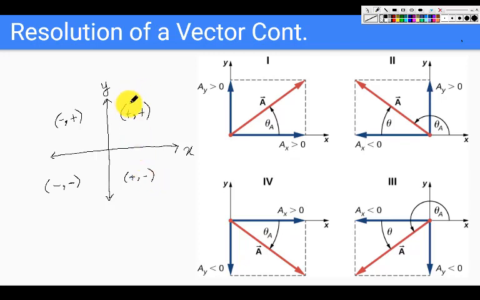So what I mean here is that this is the x and this is the y, and similarly for all of them. Okay. So why does it matter? Why are we worried about which component is positive and which is negative?